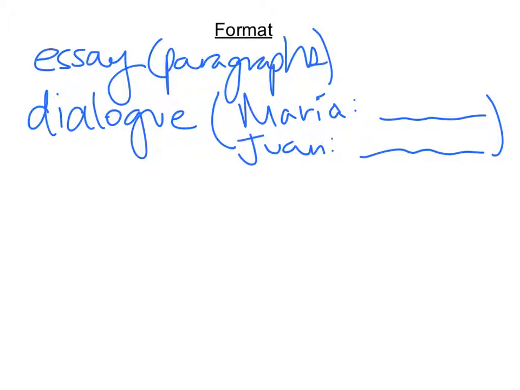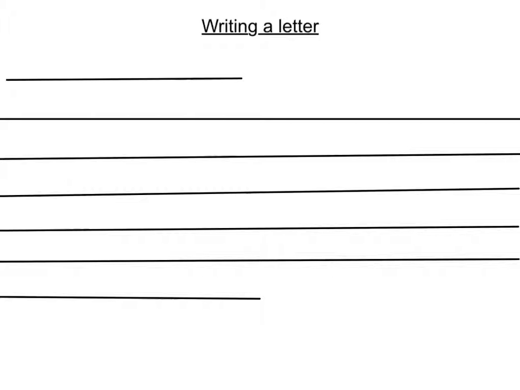The last one that we're going to talk about is a letter, because this is often what you're writing for your formal CUAs, your formal assessments. In a letter, you first need a greeting. Very common one is the word querido or querida, depending on if you're writing to a female or a male.